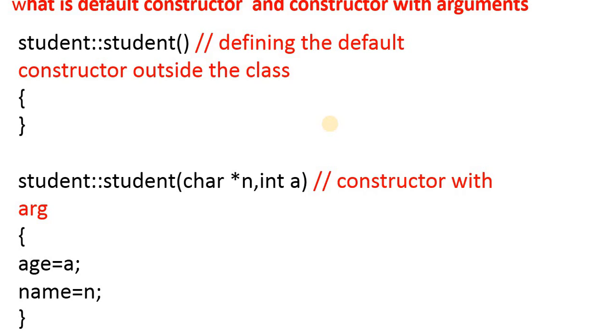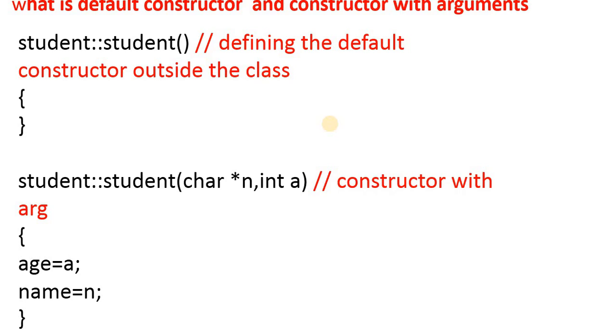Here I am initializing age equal to a, where a is what is coming as an argument, and name equal to n. So age and name are initialized. You remember, age and name were two private variables defined in the class student. These two private variables can be accessed only within the class. That is why you are allowed to use these two variables inside the class.